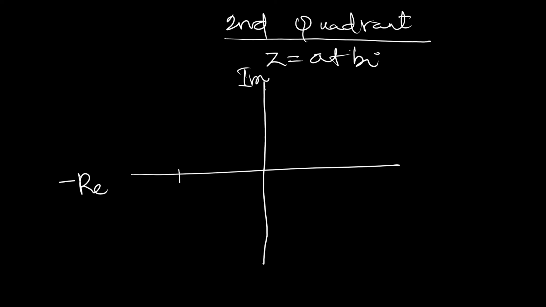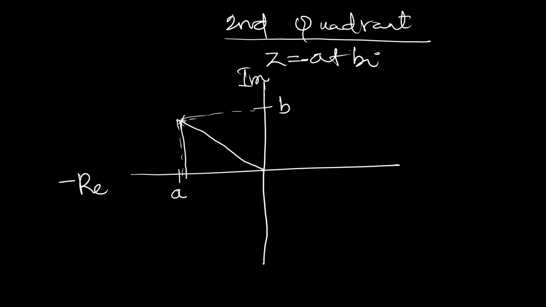This is the real part a. This is the imaginary part b. So the z is supposed to be negative a plus bi, because in the second quadrant, the real part is negative, and the imaginary part is positive. So this is what you are going to get.